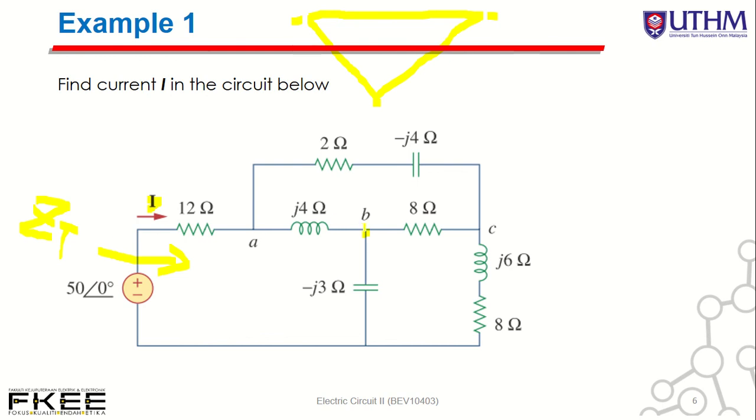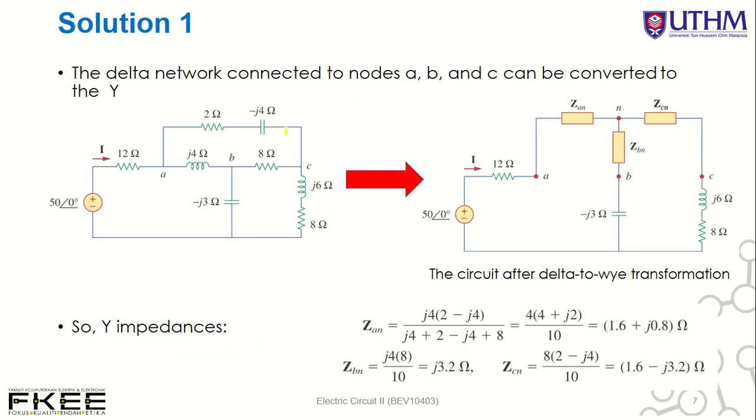So what you need to do, you can transform to Y. Okay, you can transform to Y. This one becomes ZA. Let's say ZAN, this is N point lah. This is the point of connection between three impedances.